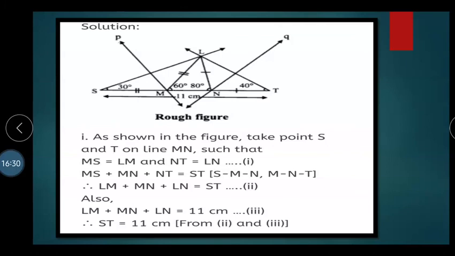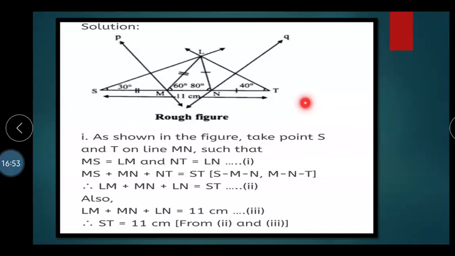As shown in the figure, take point S and point T on line MN. On the base we will extend MN such that MS is equal to LM and NT is equal to LN. Give this as equation 1.